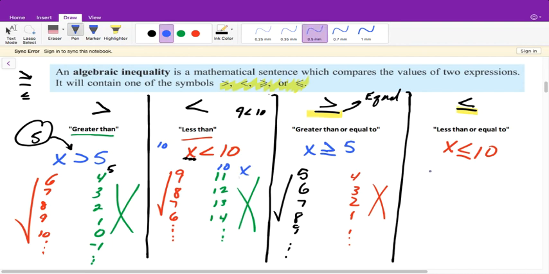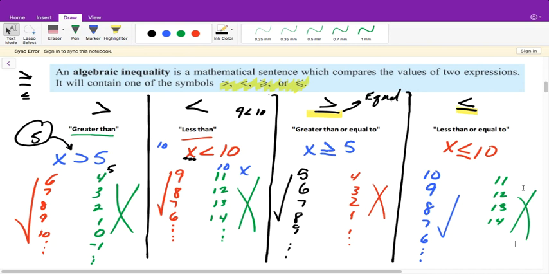But over here now, if we put 10, 10 is equal to 10. So it is part of our solution. And so are any numbers that are less than 10. So 9, 8, 7, 6, and so on. So all of these are solutions. And then here, if we start picking any numbers, just like we did before, that are greater than 10, none of those are solutions.